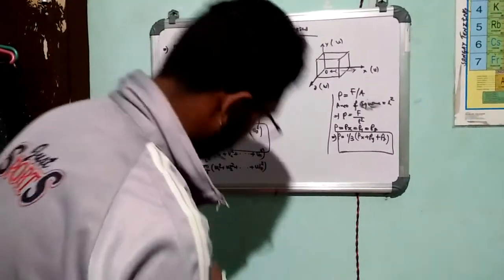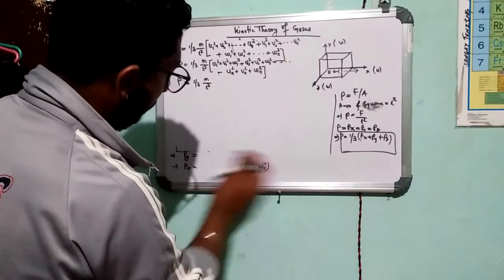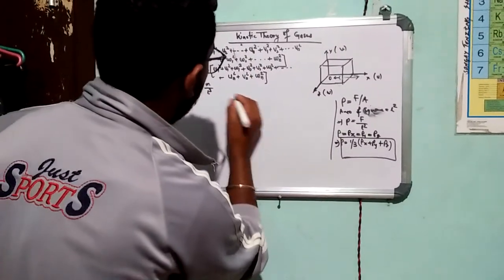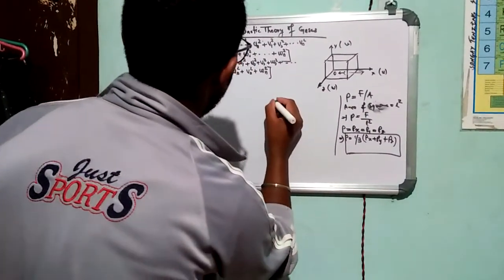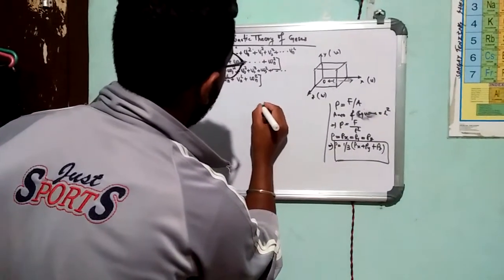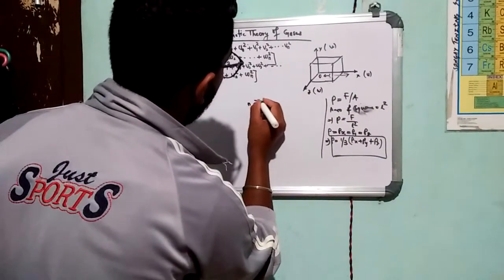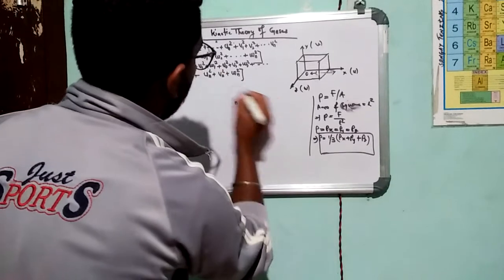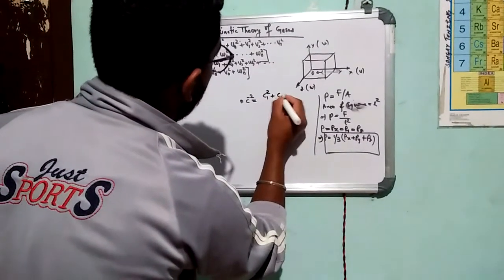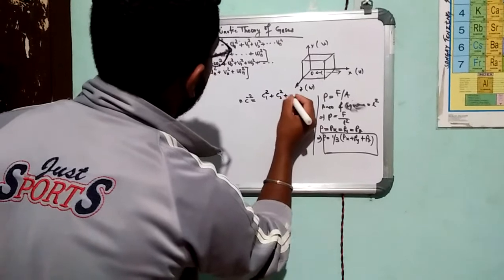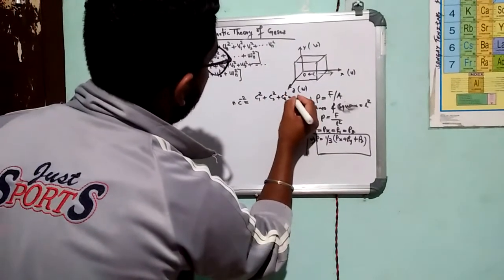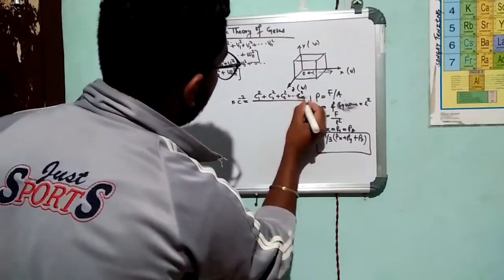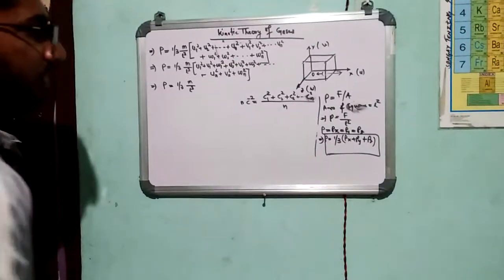This term in the bracket could be written as n c bar square, which is equal to c1 square plus c2 square plus c3 square plus dot dot dot plus cn square, divided by n.